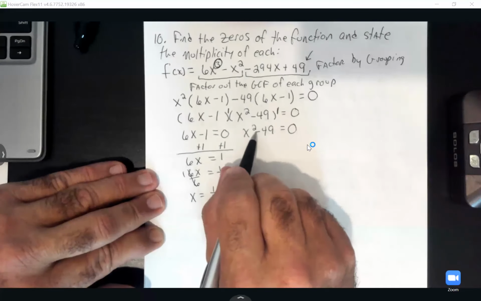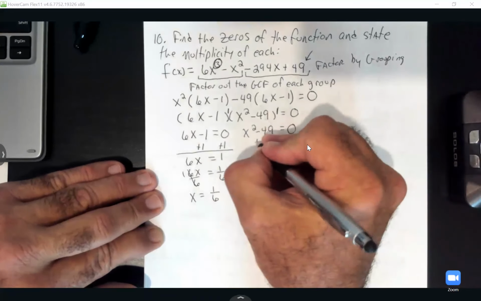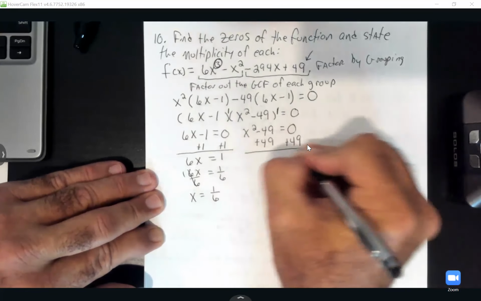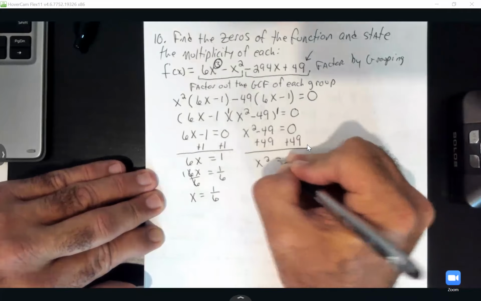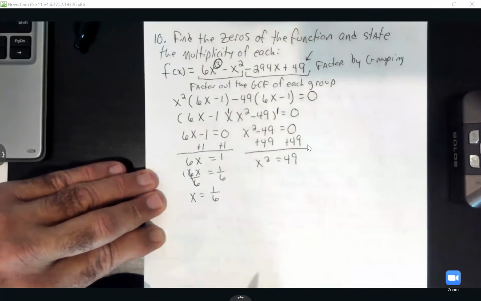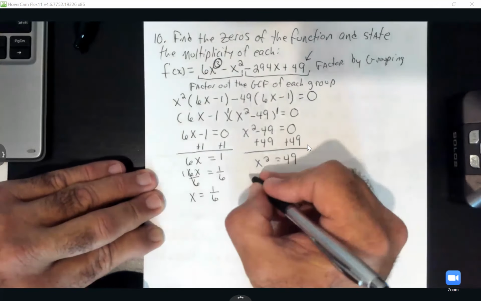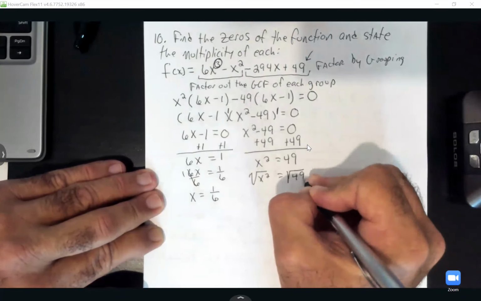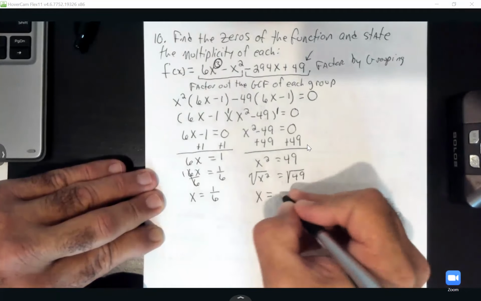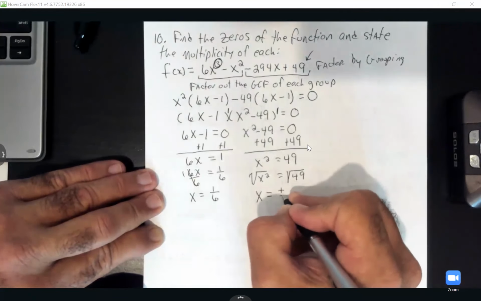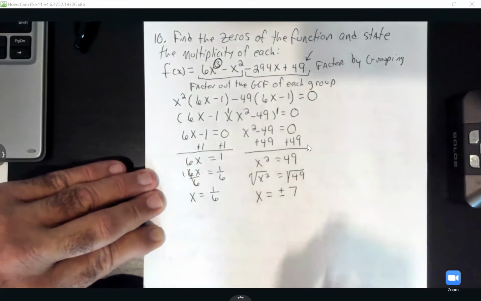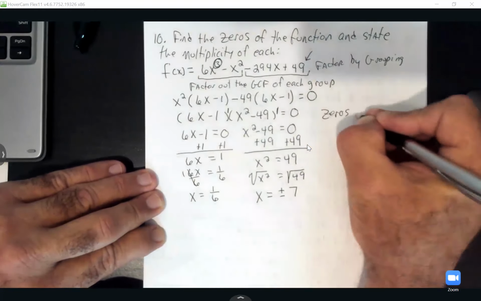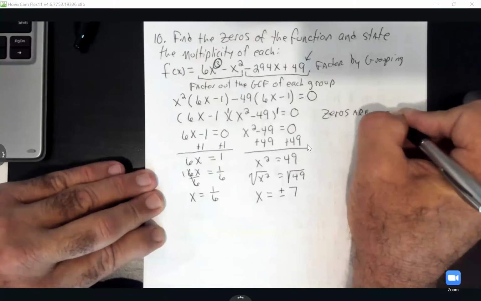Second one, I got an x squared term and a number, so I'm going to move the number to the other side. I get x squared equals 49. Square root both sides. So then I get an x equal to what? Plus or minus 7. So my zeros are blank.